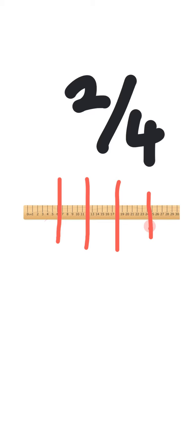Can you see I've now got 4 equal parts? 1, 2, 3, and 4. If I want to find 2 out of 4 equal parts, because I'm finding a fraction of a length, I'm finding a fraction of the amount 24, I need to find the first two parts.